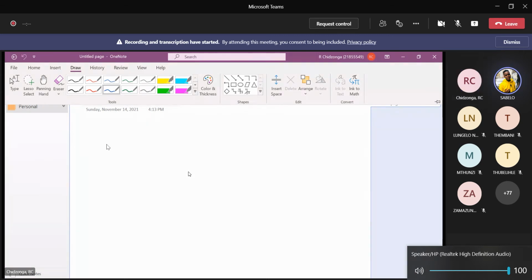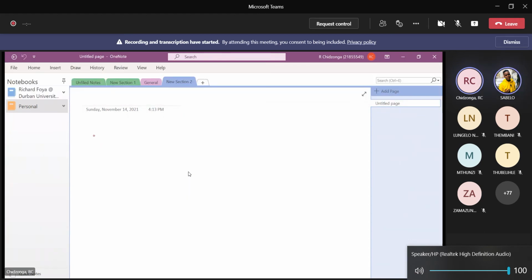Okay. Let's go back. Maybe this is the source. The source is connected to a resistor. This is an AC source.